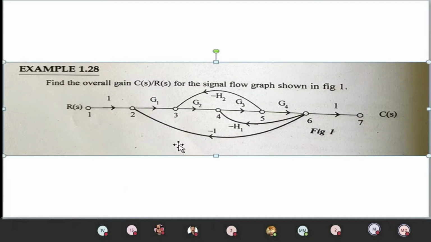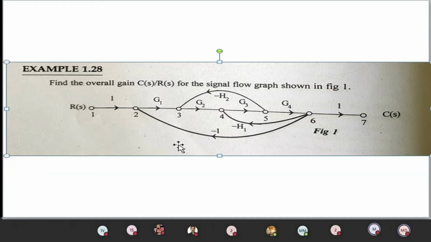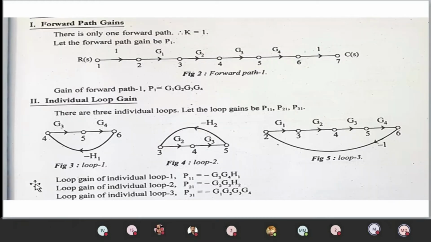You can notice that you don't have any non-touching loops because all the loops have at least one common node. That common node is 4 and 5. So you can easily see from the individual loop gains that 4, 5 is common for all the loops.